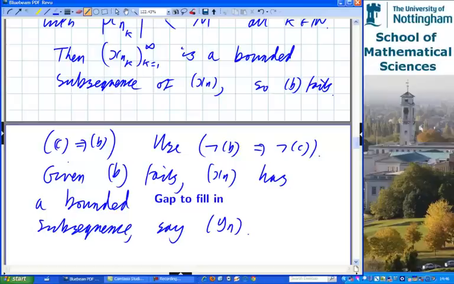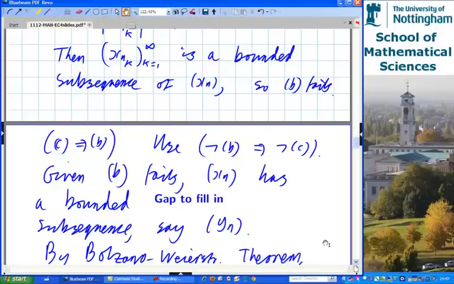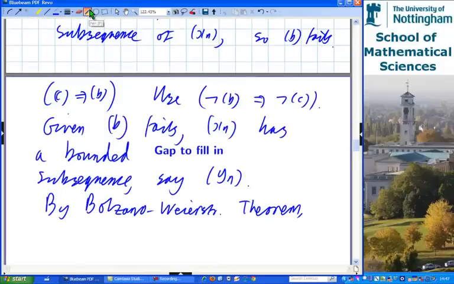Okay? Now, how do we know that this sequence, yn, has got a convergent subsequence? Yes? Bolzano-Weierstrass. Yn is bounded. So by the Bolzano-Weierstrass theorem, yn's got a convergent subsequence, say zn.